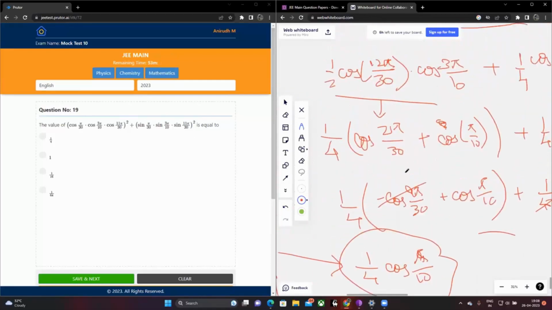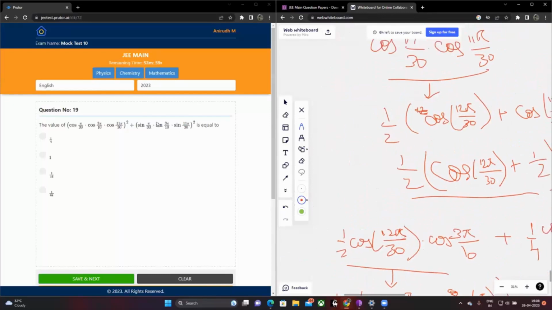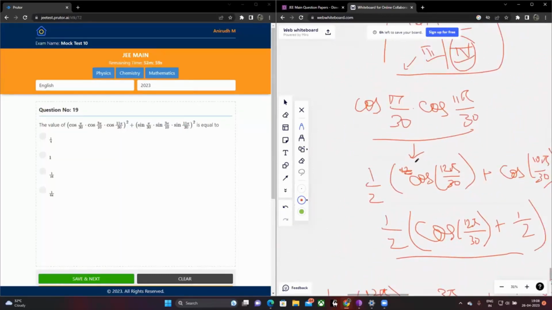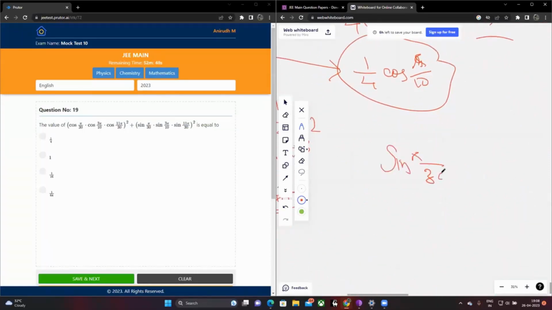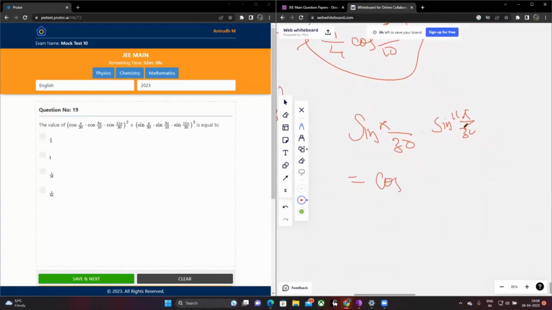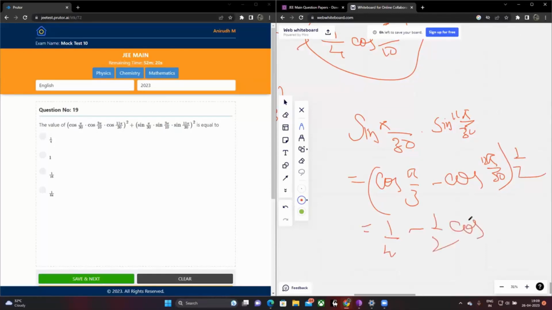You follow similar patterns as here, where since it's sin π/30 and sin 11π/30, you have cos of a minus b, that is π/3, minus cos 12π/30, whole divided by 2, which is 1/4 minus half cos 12π/30.